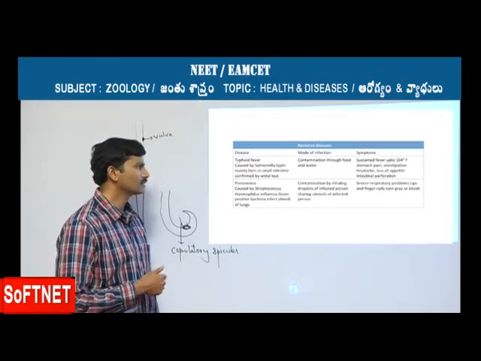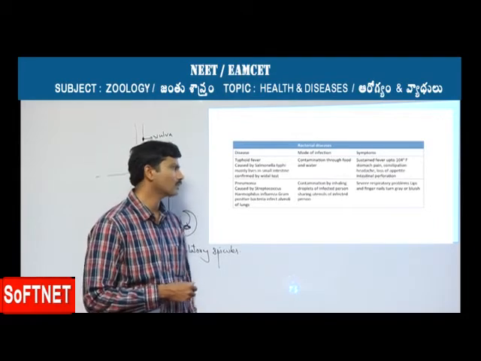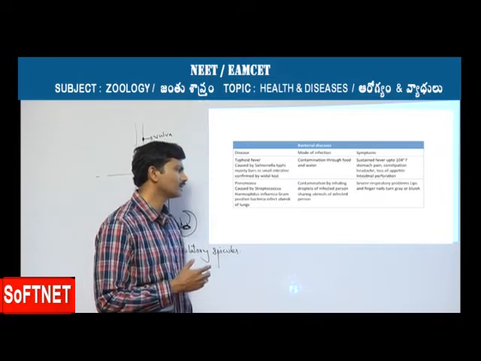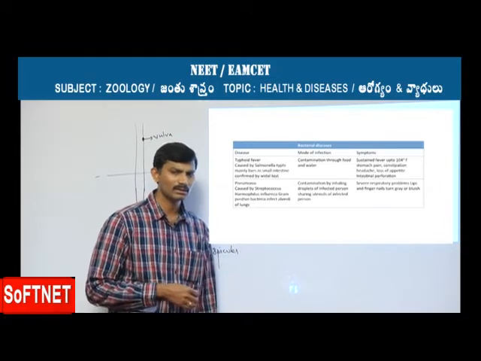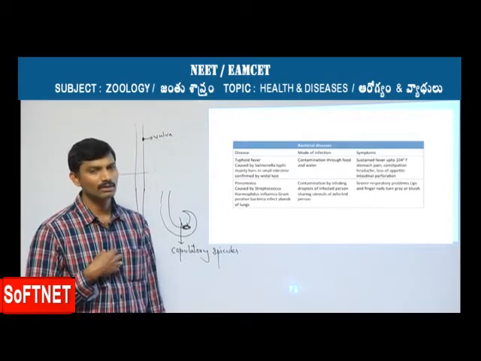And then comes the second type of bacterial disease, pneumonia, which is caused by Streptococcus pneumoniae or Haemophilus influenzae. It is a gram-positive bacterium which mainly infects the alveoli of the lungs.